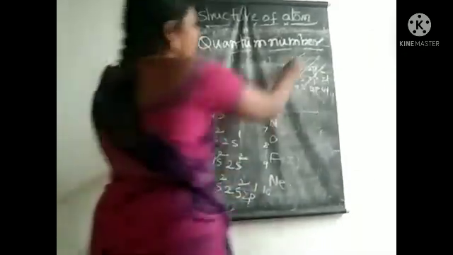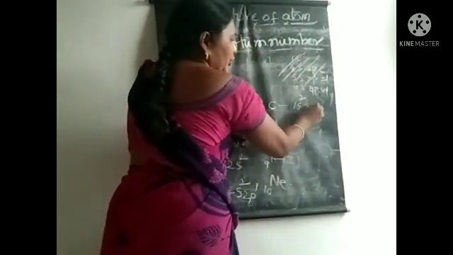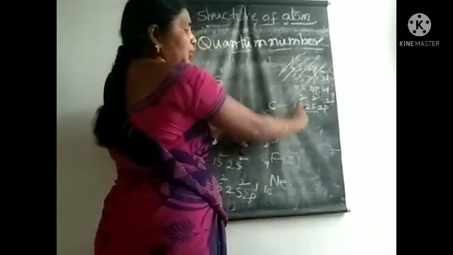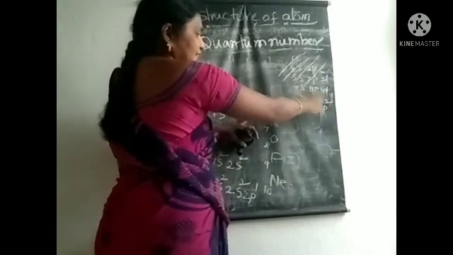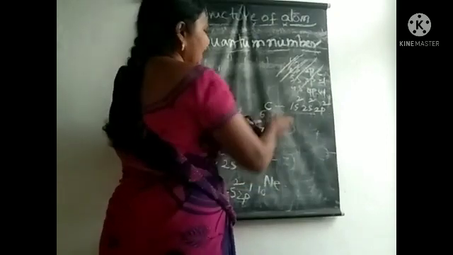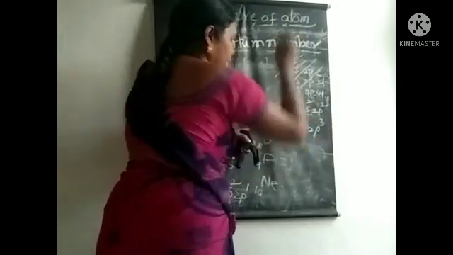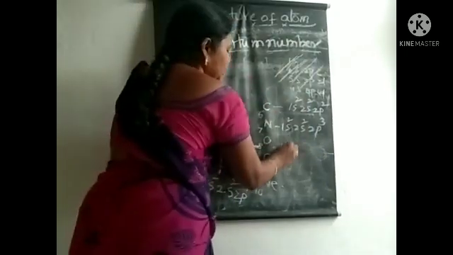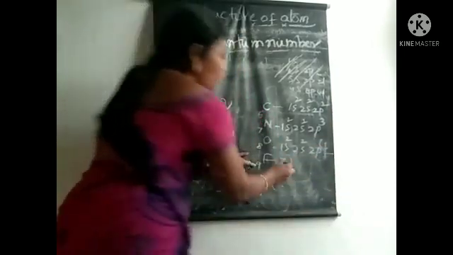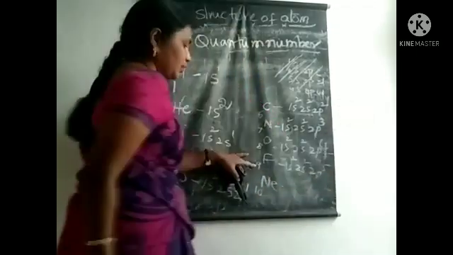Okay. Carbon 1s2, 2s2, 2p2. Here count: 2 plus 2 is 4, 4 plus 2 is 6. The number is 6, and the electron number is also 6. Then nitrogen 1s2, 2s2, 2p3. Oxygen 1s2, 2s2, 2p4. Fluorine 1s2, 2s2, 2p5.